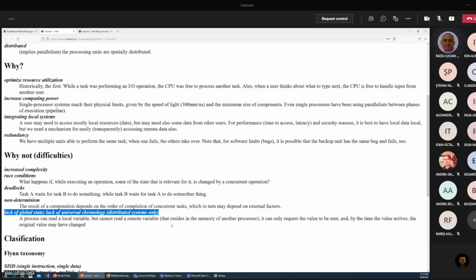Now, of course, if you have clocks, you can say that I timestamp everything. We will see that it's not that easy, because what happens if two events occur at the same time, or the time between them is smaller than the uncertainty about the local clock, because you won't be able to perfectly synchronize the clocks.